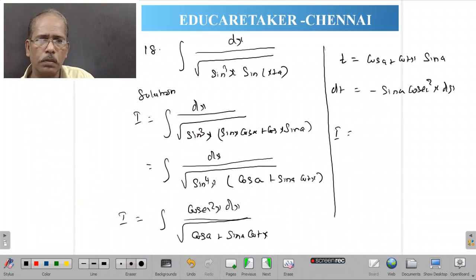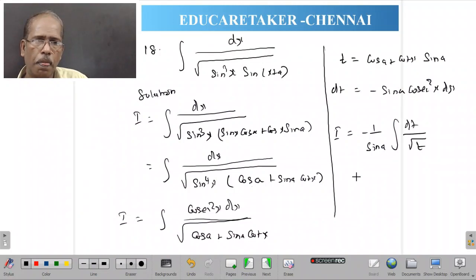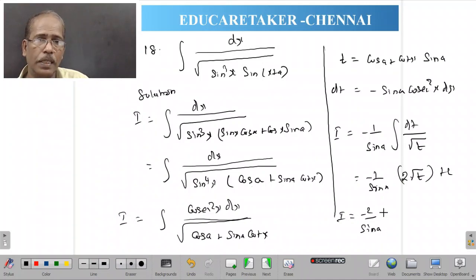So I equals minus 1 by sin a integral of dt by root of t, which by formula is 2 root of t with the integral constant. So the final answer is minus 2 by sin a, or minus 2 cosecant a, into the root of cos a plus sin a into cot x, with the integral constant.